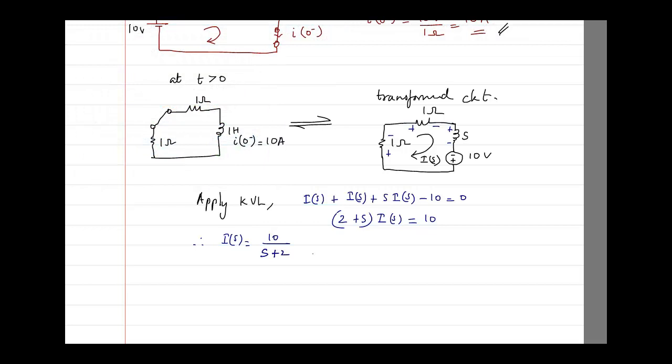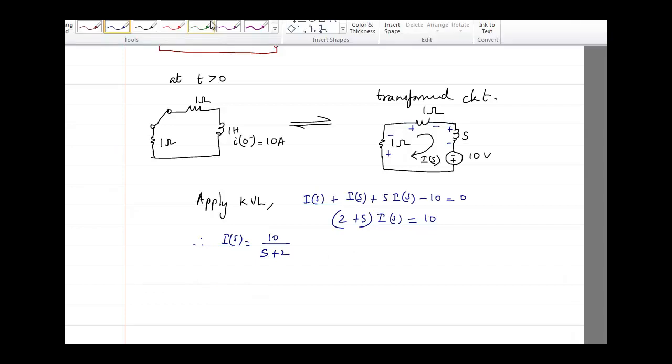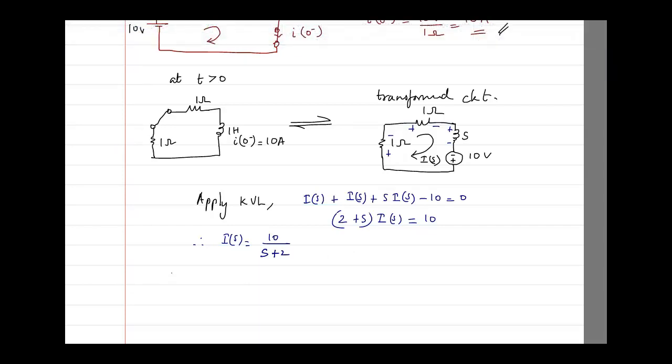Now that we have got I of s, taking the inverse Laplace transform, I can write this as 10 into 1 by S plus 2, where 10 as such will come, and this one will be e raised to power minus 2t.